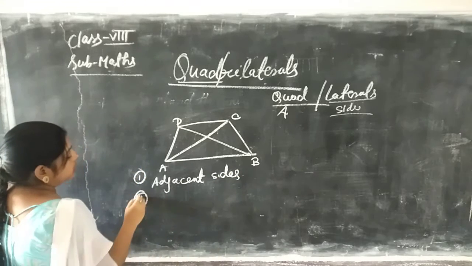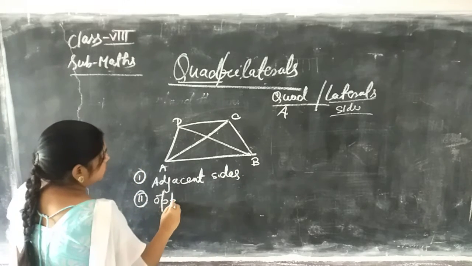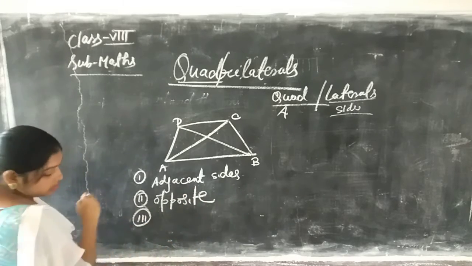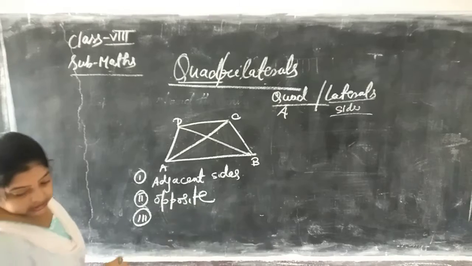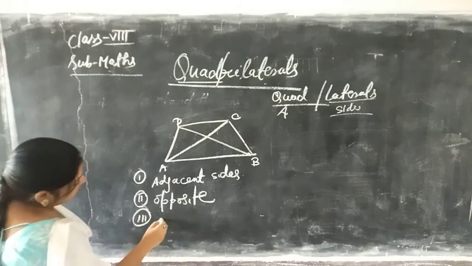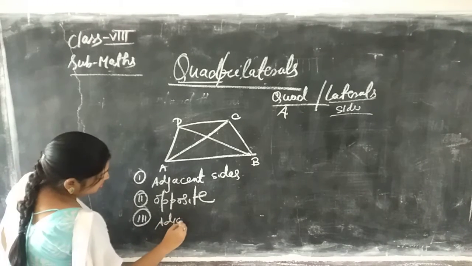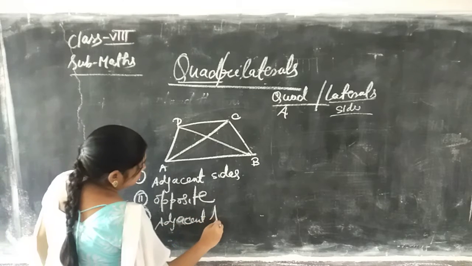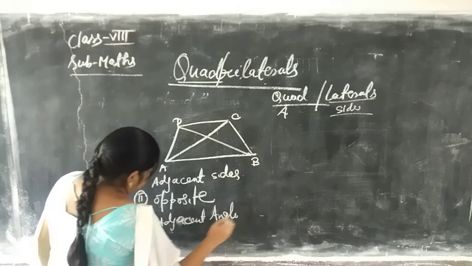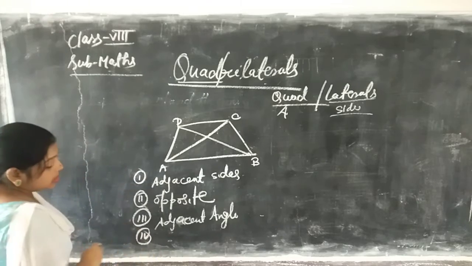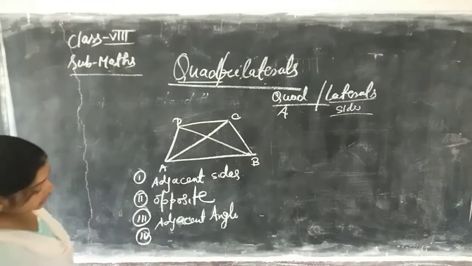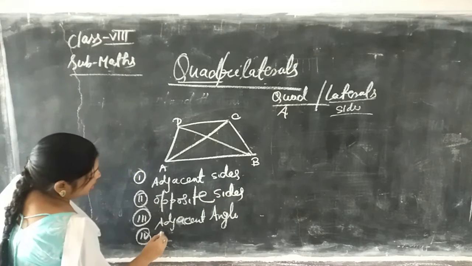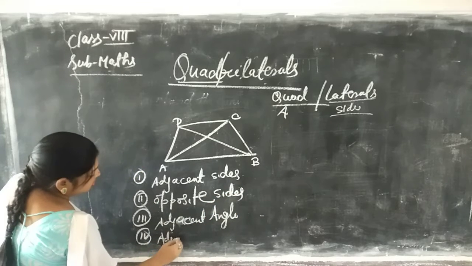Second is the opposite sides of a quadrilateral. Third is adjacent angles. And fourth is opposite angles.